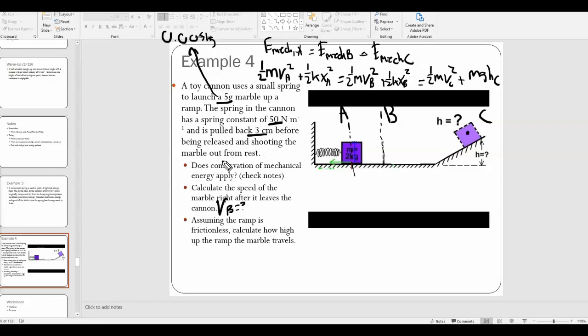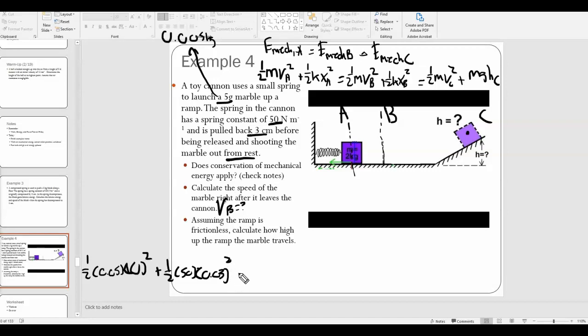Okay, so I can start plugging some values in. I have 1/2 times 0.005 times vA squared. Well, it's pulled back and released from rest, and so that tells me that vA is 0, so 0 squared, plus 1/2 times 50 times 0.03 squared.